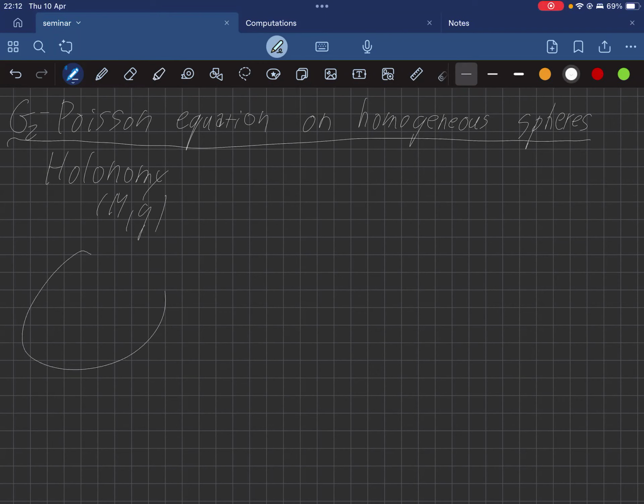The picture you should have in mind is a sphere. You have a vector. You can parallel transport it here, and over there, and then parallel transport it back, and you end up with a different vector. So essentially, your parallel transport along closed loops gives you a transformation on your tangent space.